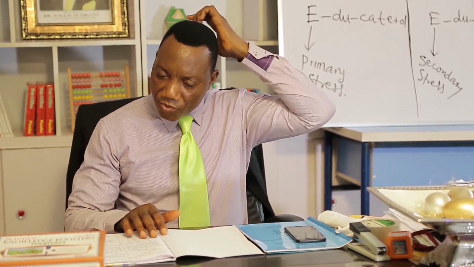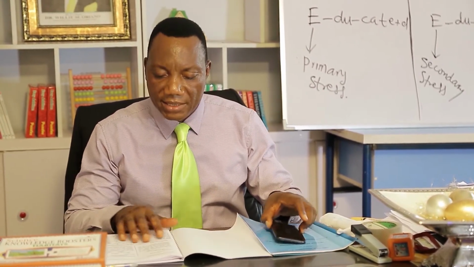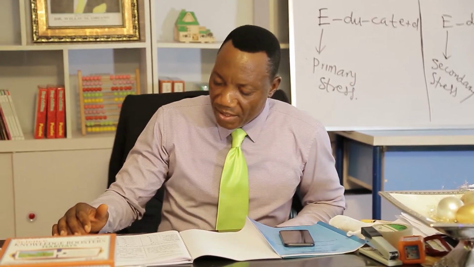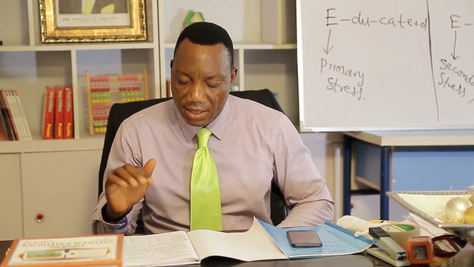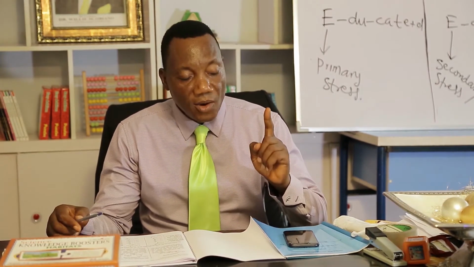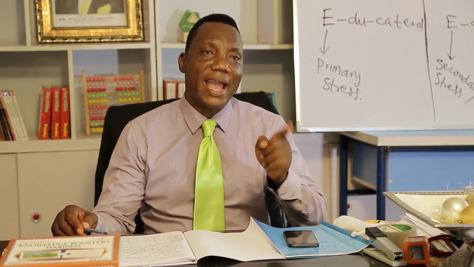Okay. We've looked at education. That was number one. Number two says aggravate. Remember, once you hear A-T-E, it must be eight, not et, as in Nigerian English. Aggravate.